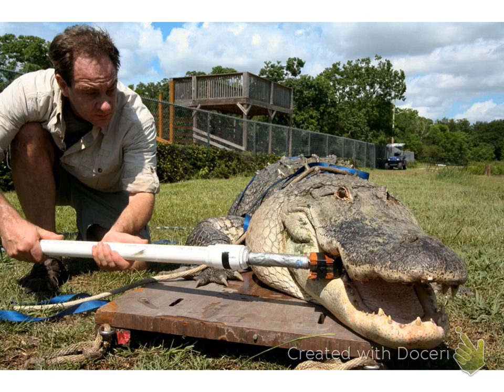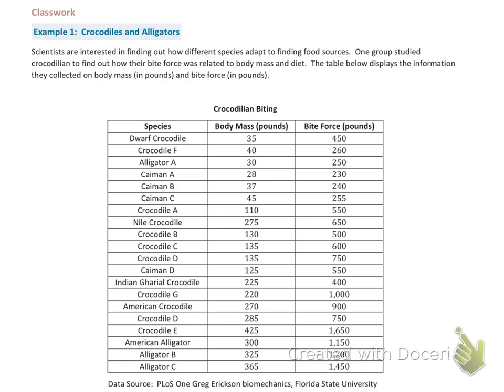So here's our data. Let's look at the table here. We have several different species of crocodile. The one I showed you in the opening screen is the saltwater crocodile, which is not even on here. It has the greatest bite force of any alligator. But you can see what they're wanting to know is, how does body mass affect the bite force?